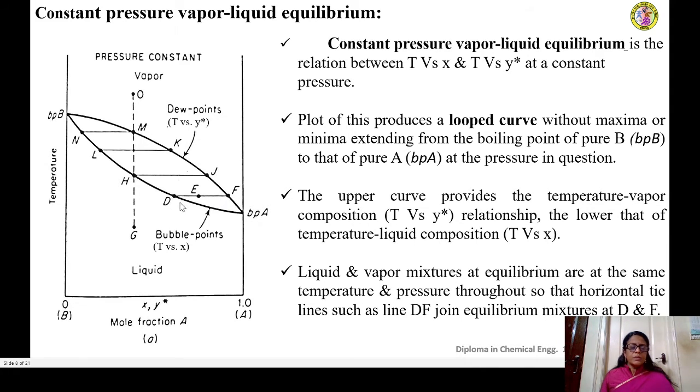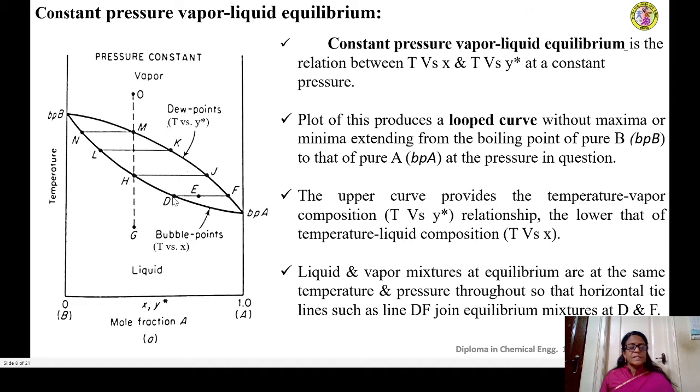The equilibrium vapor and liquid mixtures are at the same temperature and same pressure throughout, so the various mixtures of different composition lying on this tie line are represented by the compositions at points D and F respectively. For a given diagram of vapor liquid equilibrium at constant pressure, there are an infinite number of such tie lines.